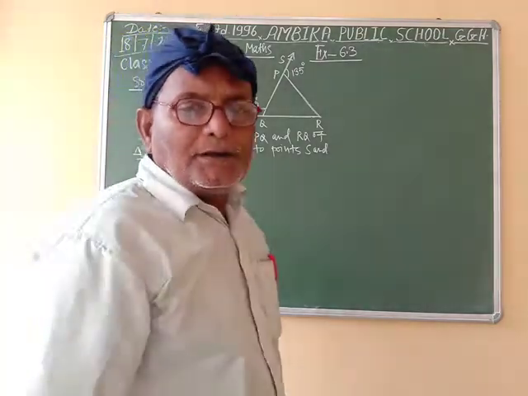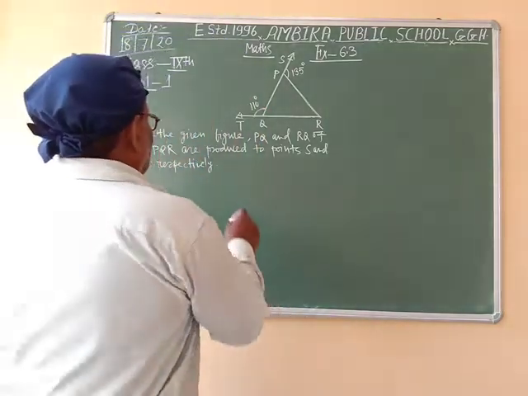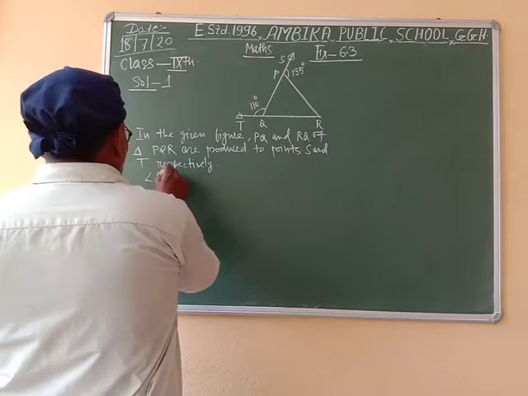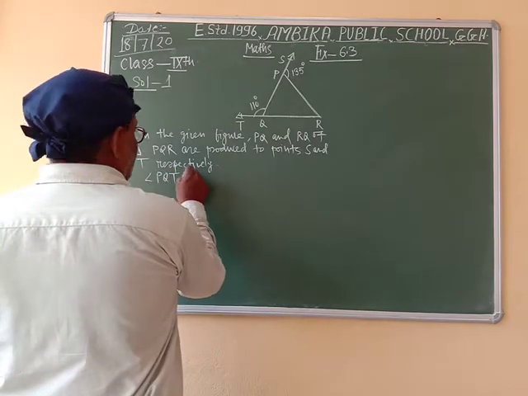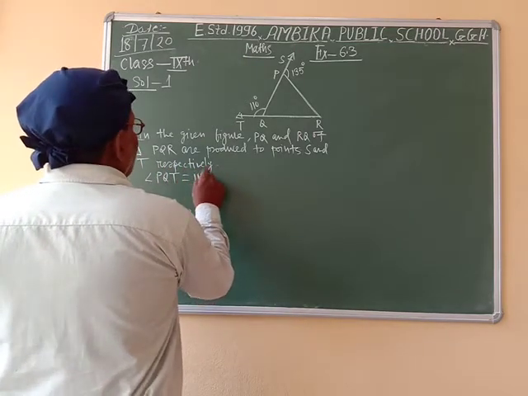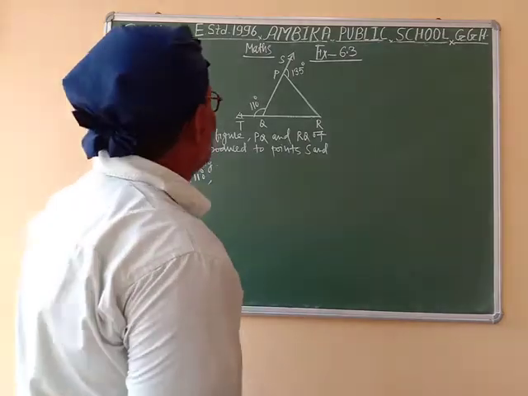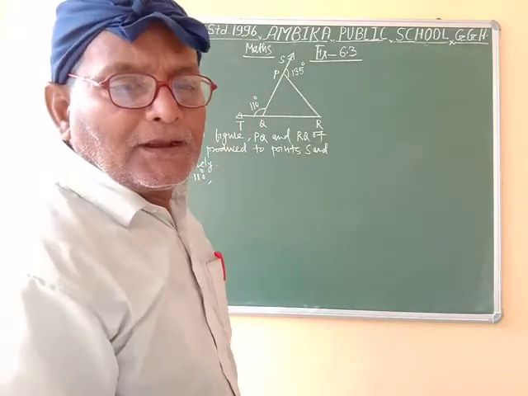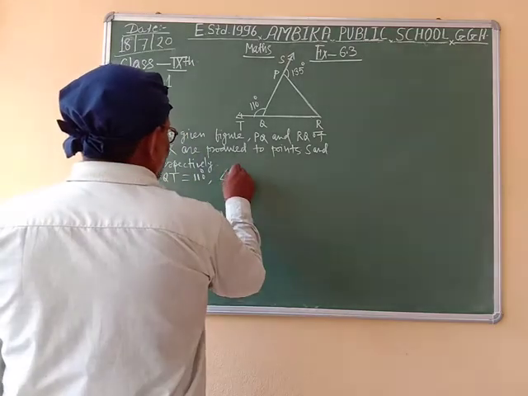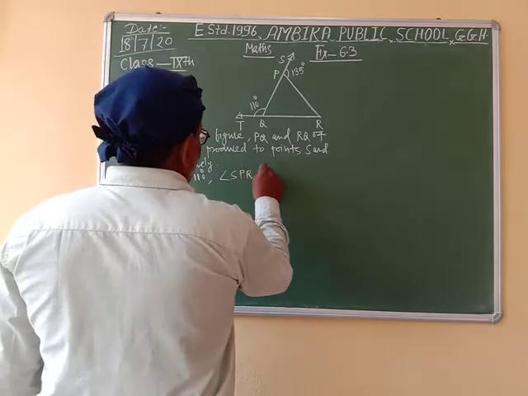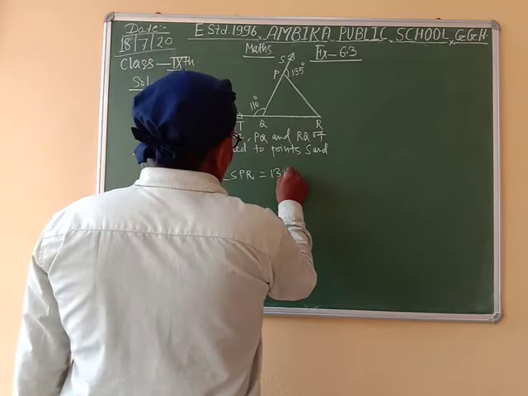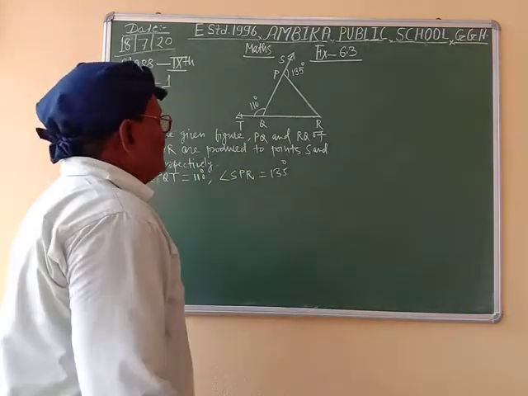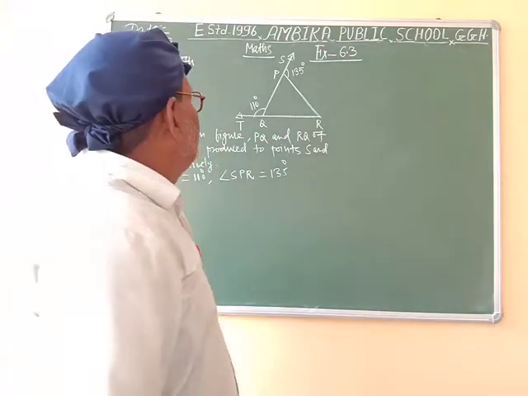Angle PQT is equal to 110 degrees and angle SPR is equal to 135 degrees. We have to find the value of angle PRQ.